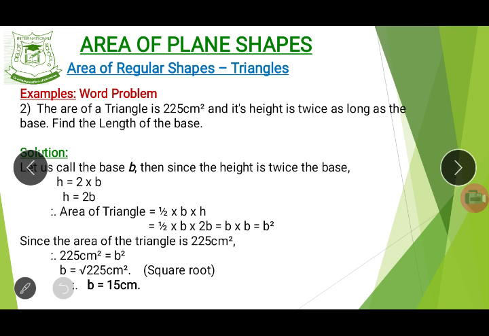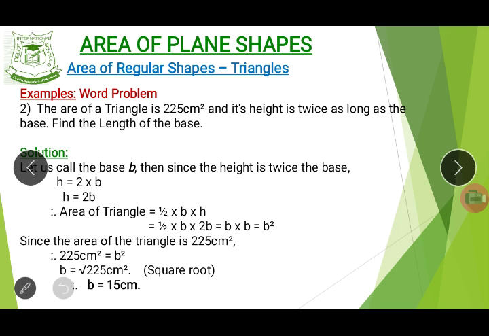All right, good. Now look at this word problem. The area of a triangle is 225 centimeters squared, and its height is twice as long as the base.